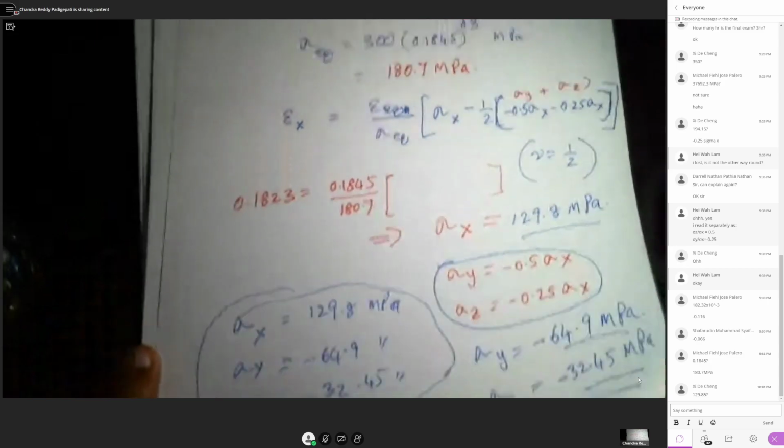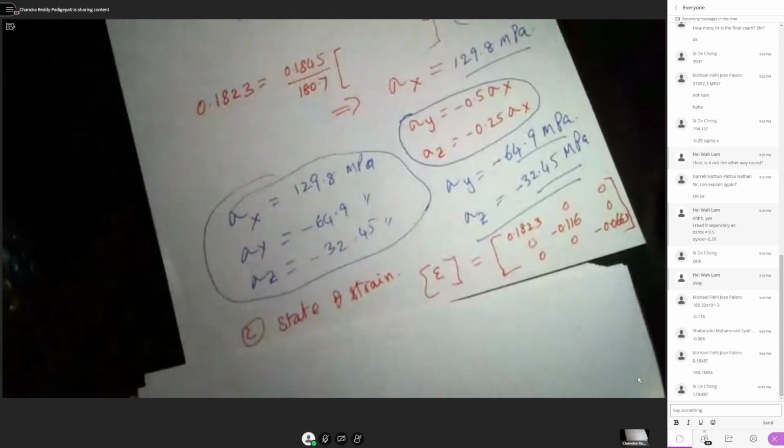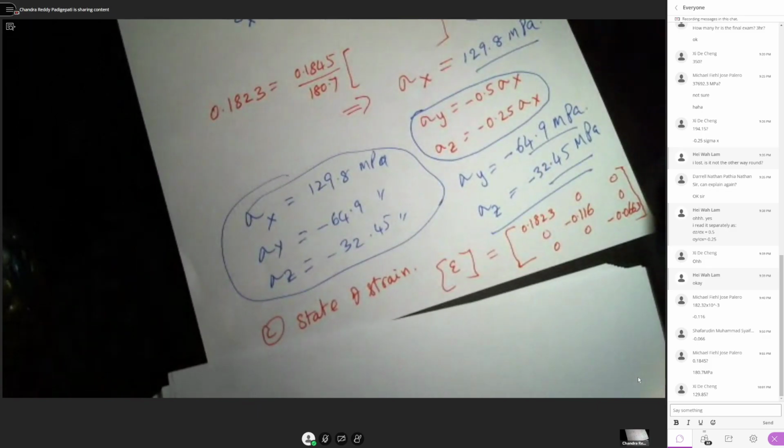All right, then part D is another question we have already calculated. Part D is asking you to calculate effective stress and effective strain.